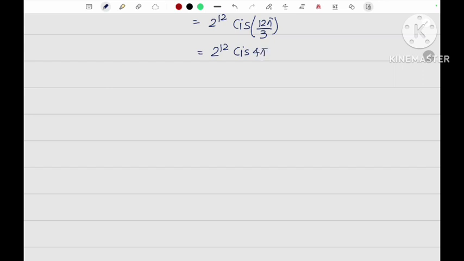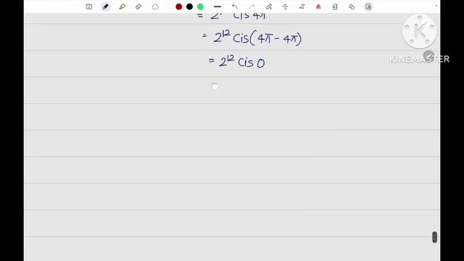Now we have seen just before that we can add or subtract any multiples of 2 pi to any complex number's argument. So I will write here 2 to the power 12 cis, I will subtract 4 pi from this, and that will become 2 to the power 12 cis 0, and cis 0 is nothing but 1. So the answer is 2 to the power 12.